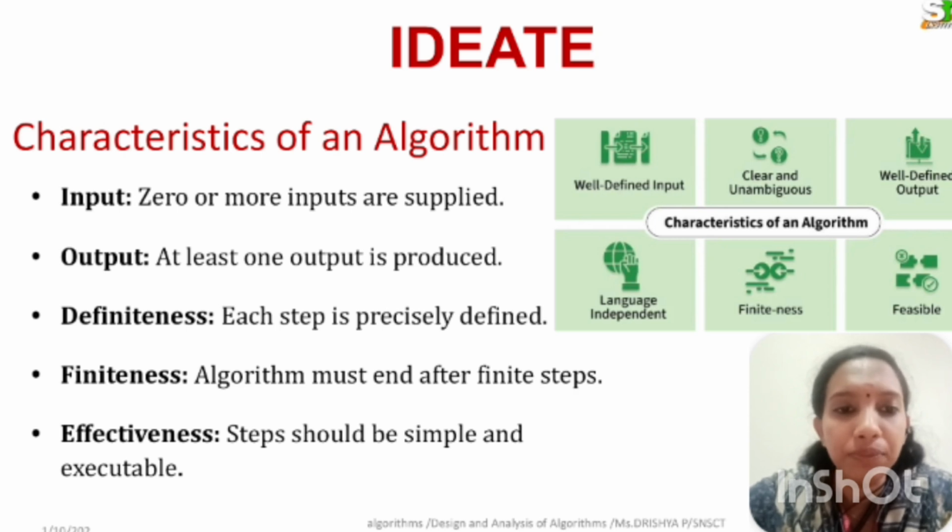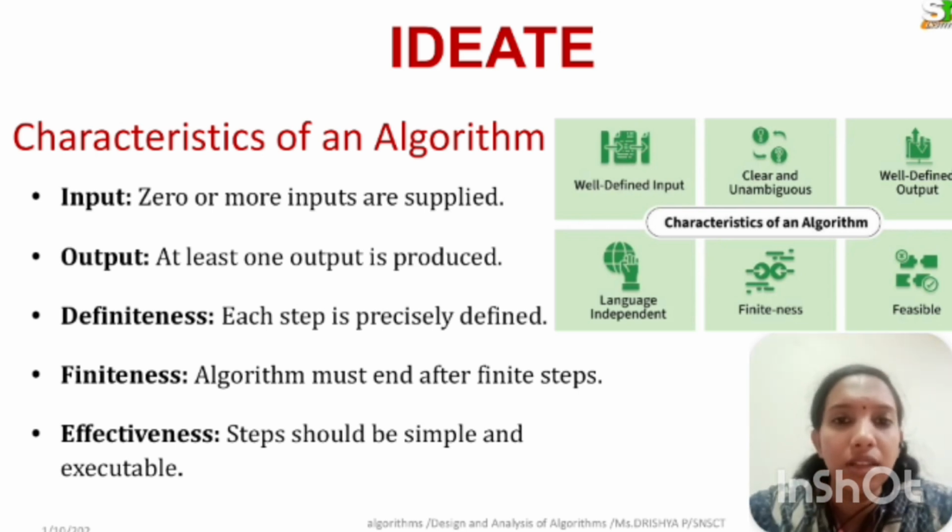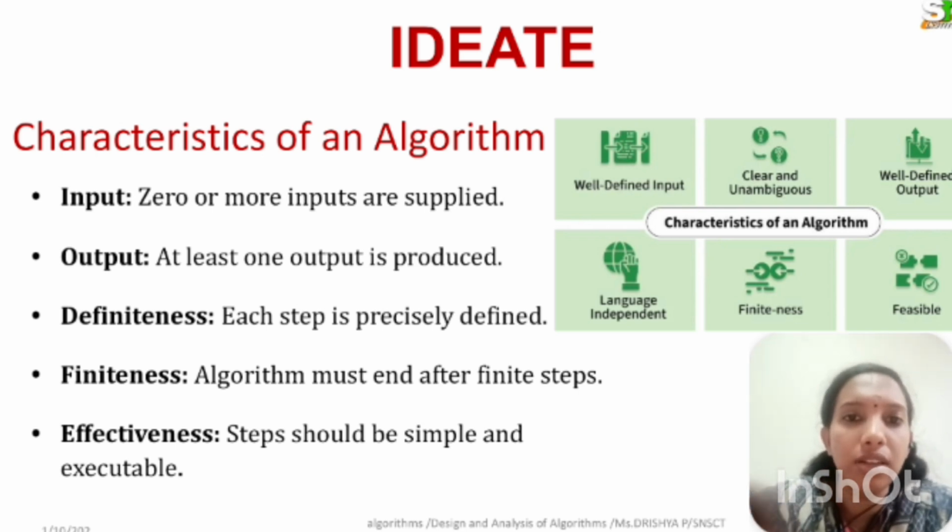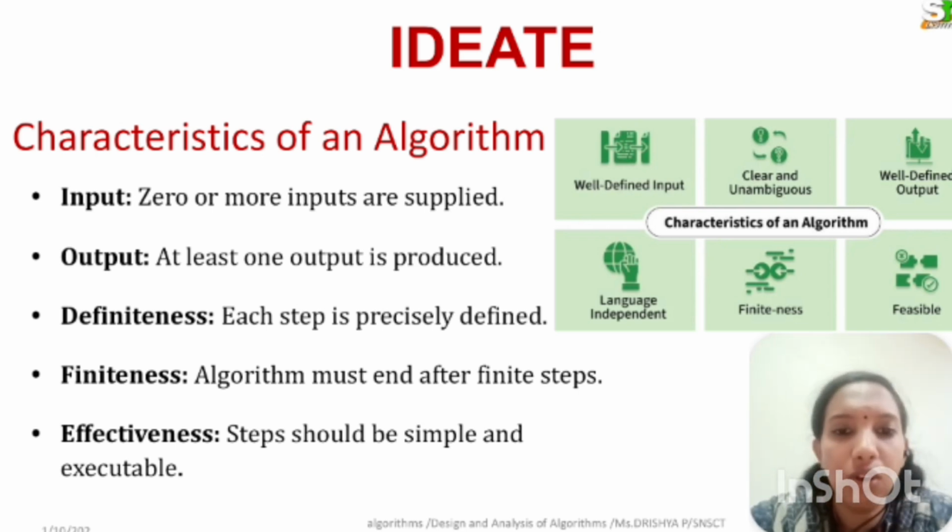Then some characteristics of an algorithm. The algorithm has some characteristics: input, output, definiteness, finiteness, and effectiveness. Input: zero or more inputs are supplied. Output: at least one output is produced.